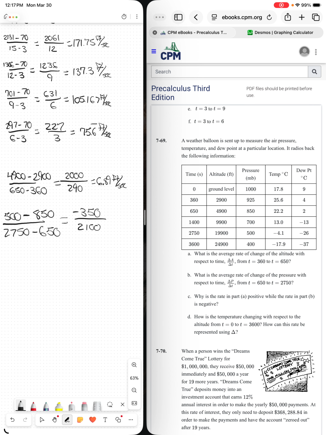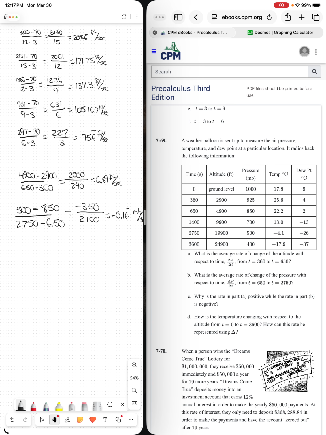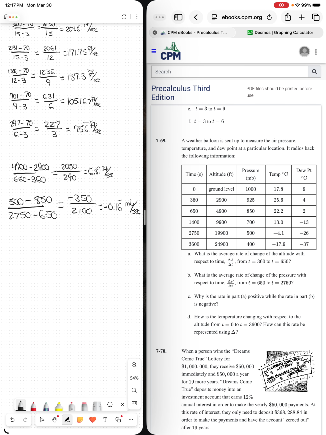So 350 divided by 2100 is a negative 0.16, repeating, right? So the pressure's dropping as the balloon's gaining altitude. Okay? So why is the rate in part A positive? Because the altitude is going up. Why is it negative in part B? Because the pressure is dropping.